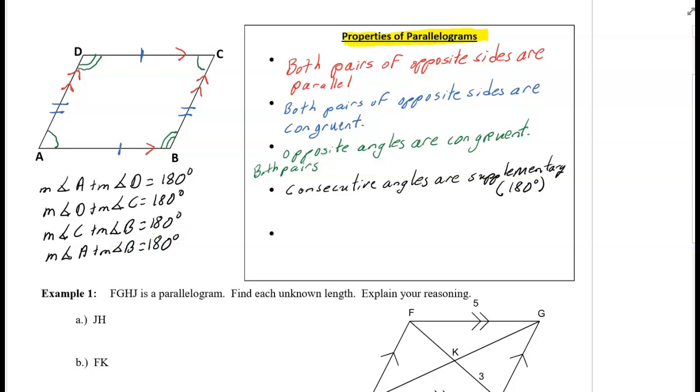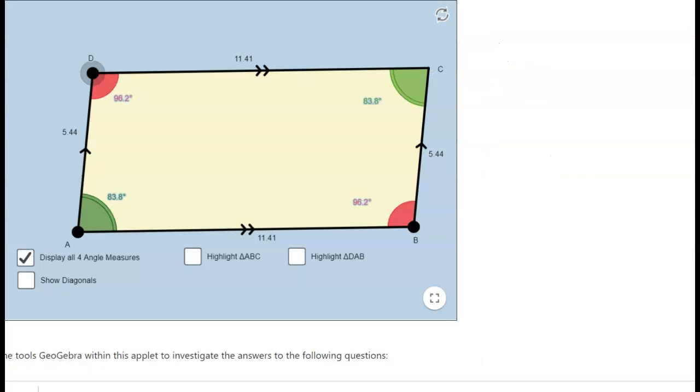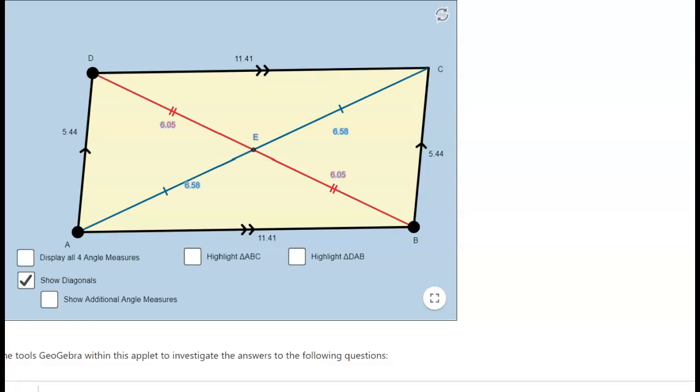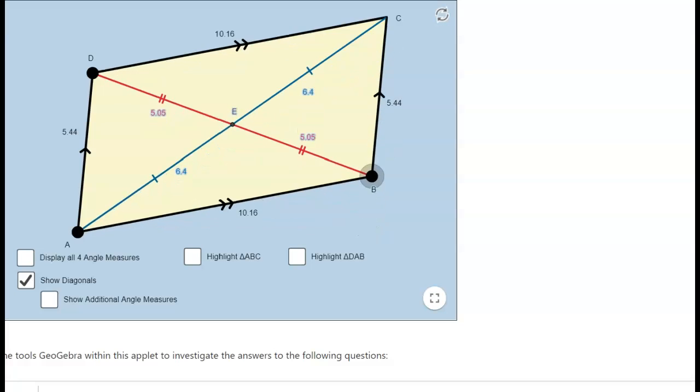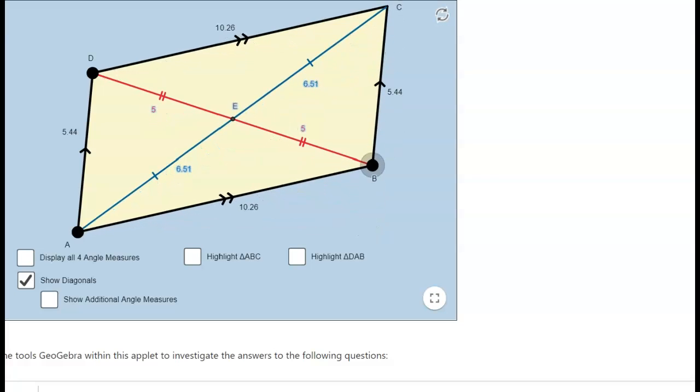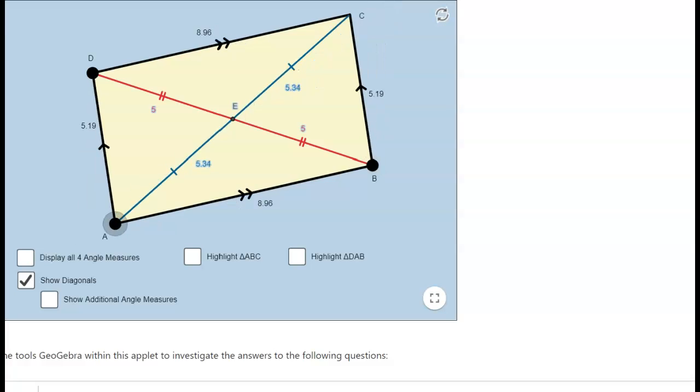And then there's one more property of parallelograms. If I were to draw in the diagonals, you will notice here that we have 6.05, 6.05, 6.58, 6.58. If I were to drag the parallelogram and make it a little different, we have 5.5, 6.51, 6.51.